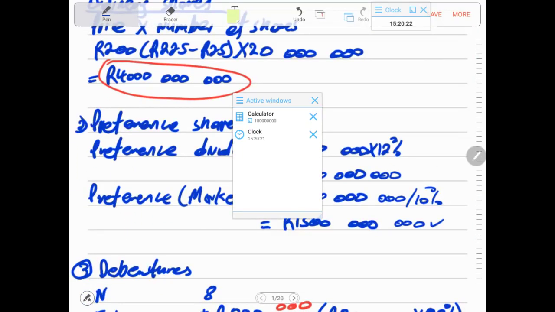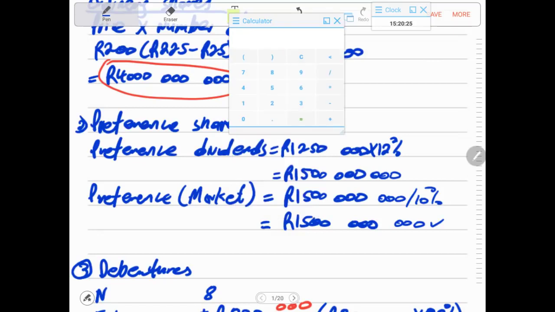First, there has to be an adjustment: 1,250 million times 0.12, meaning this would have been 1,500 million. Let me confirm the zeros: 1, 2, 3, 4, 5, 6.